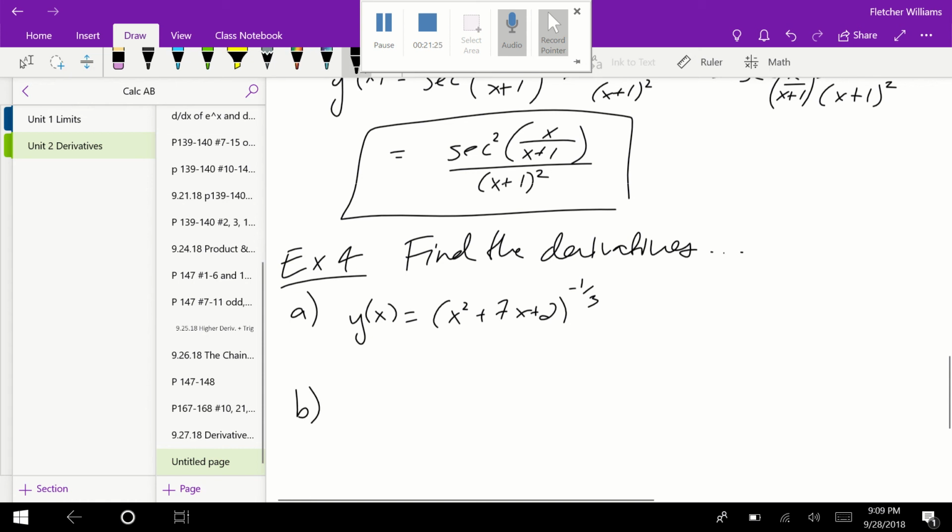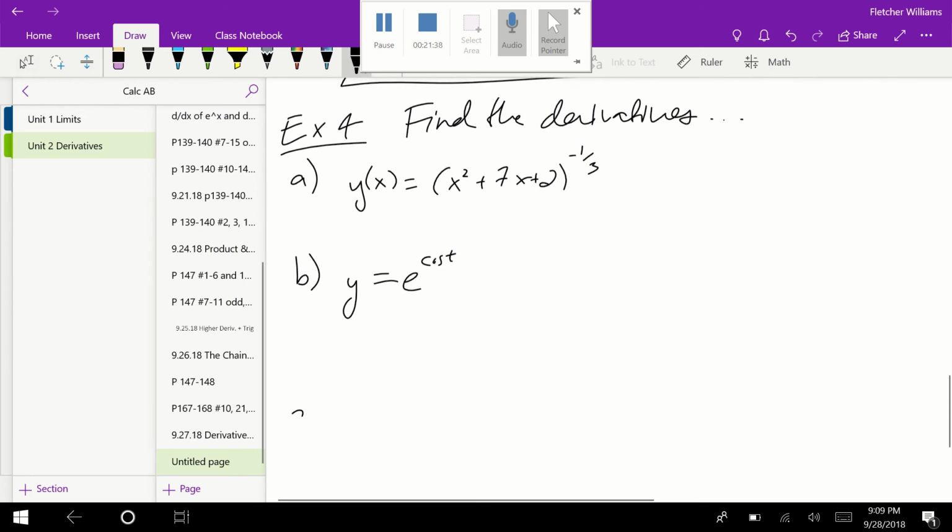B is y equals e to the cosine t. And then the last problem is to find the derivative of square root of 1 plus square root of x squared plus 1. That'll be a double chain rule problem. So I recommend you pause the video, try these 3, and then check my solutions.